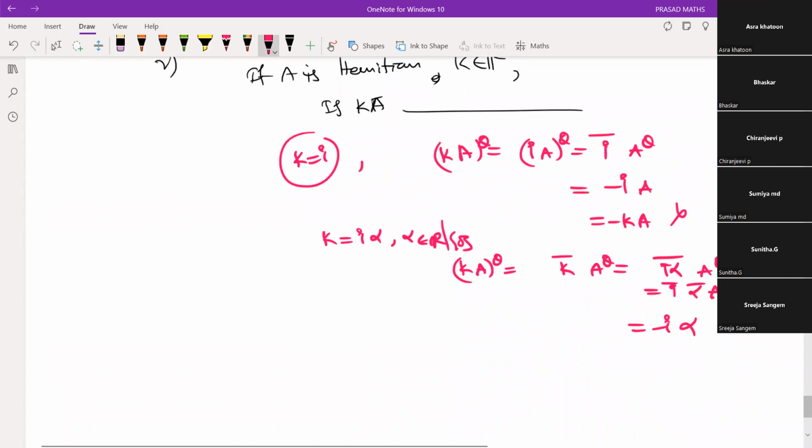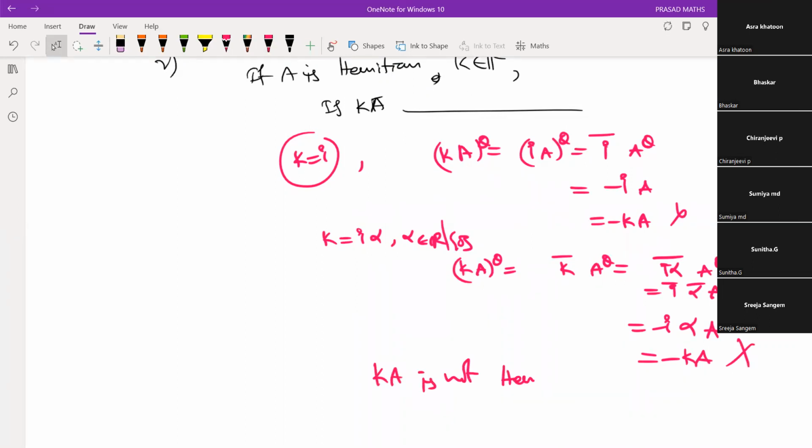Alpha bar is alpha, since alpha is a real number. This is A. So this is the same as minus K times A. Therefore, KA whole theta equals minus KA. Therefore, it is not Hermitian if K is purely imaginary.